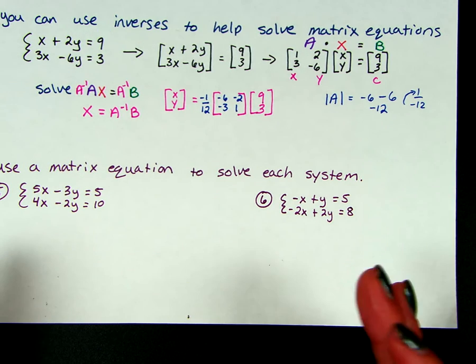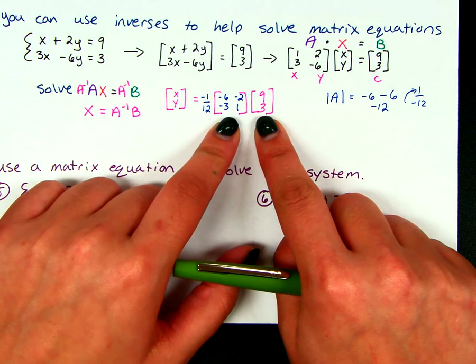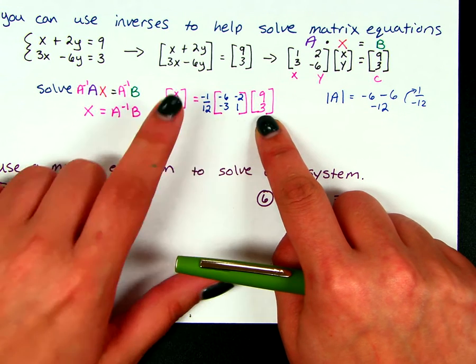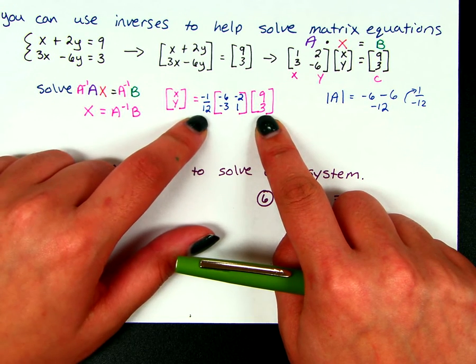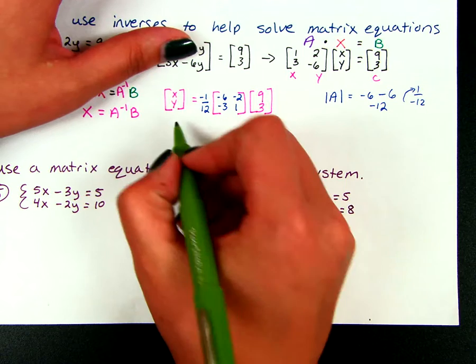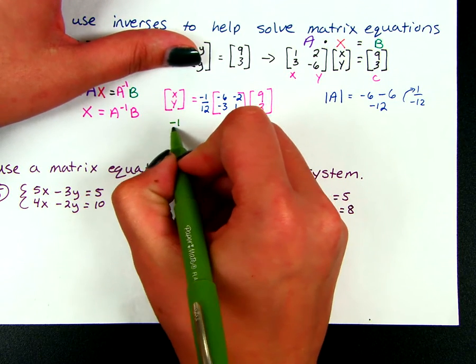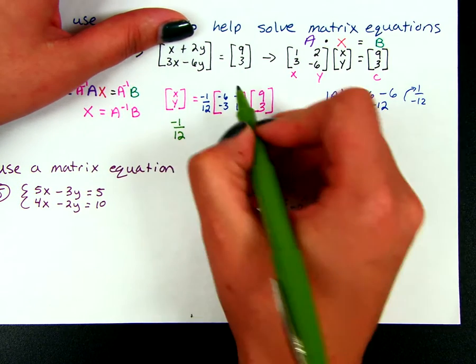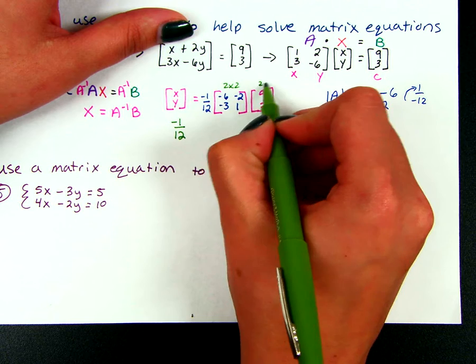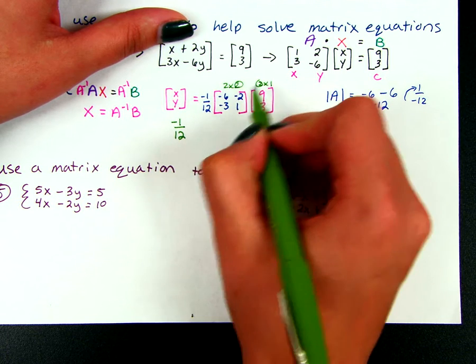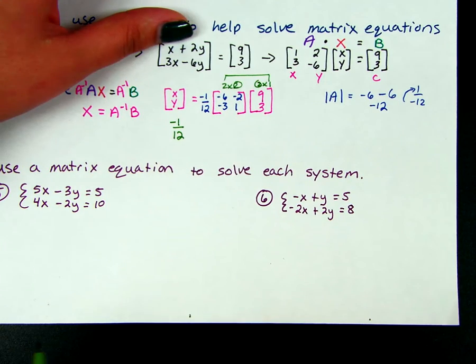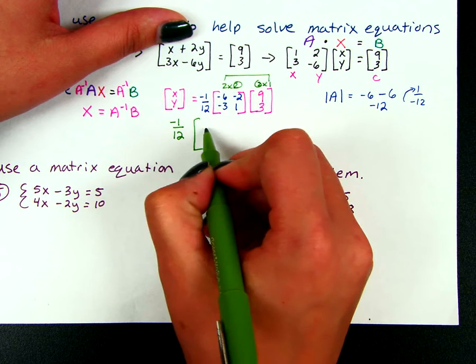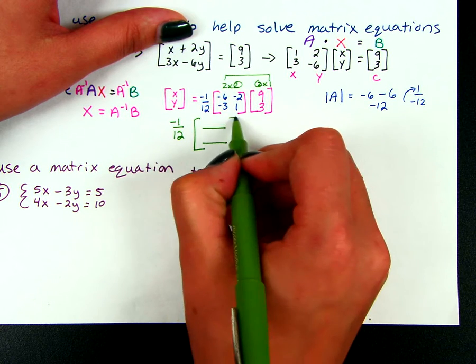So when I multiply, I'm going to multiply the two matrices together first, and then multiply the scalar in. So my -1/12 is still going to be on the outside. And then here we have a 2 by 2 and a 2 by 1 matrix. So again, our inside numbers match, and we're using the outside numbers. So we're going to have a 2 by 1 matrix to start with.